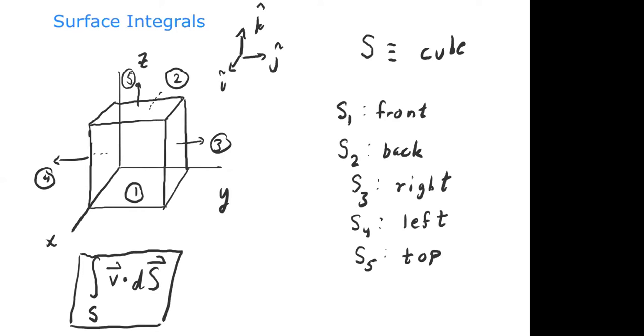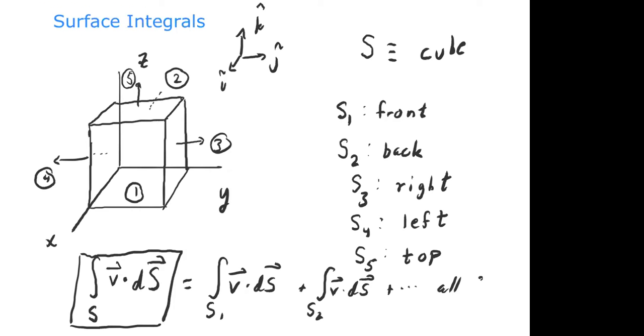Okay, and I'm going to do this problem in 5 parts. I'm going to integrate over surface 1, and then I'm going to do the surface integral over surface 2, and I'm going to add up, and I'll get 5 contributions. So this is a problem that breaks up into 5 parts.